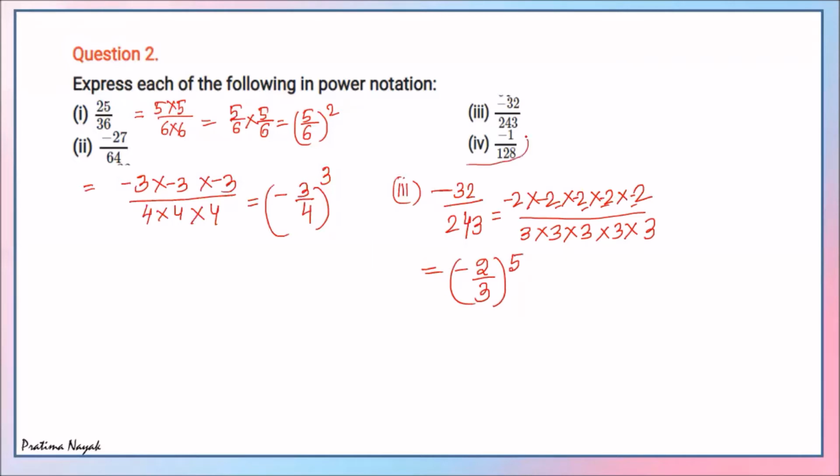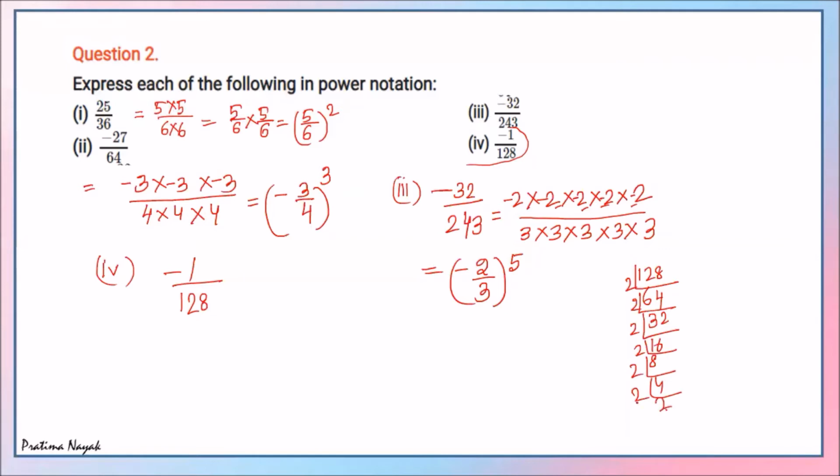Next coming to part 4. Part 4 is minus 1 by 128. So 128 again has only 2 as factors. 2, 2, 64, 2, 32, next is 2. So all 2's will come. How many times 2? It will be 7 times. 64, 2, 32, 2, 16, 2, 8, 2, 4, 2, 2.